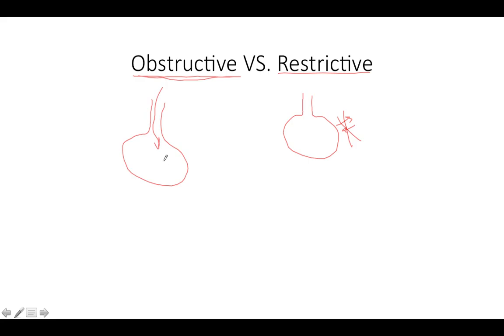But then when they try to exhale and that air tries to leave, these walls will collapse, and it'll make it hard for this individual to exhale. So over time, as this person inhales and tries to exhale, this alveoli will start to get larger and larger, and they will have a much larger volume of air within their lungs.